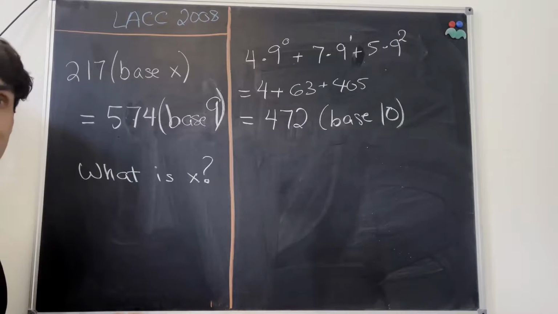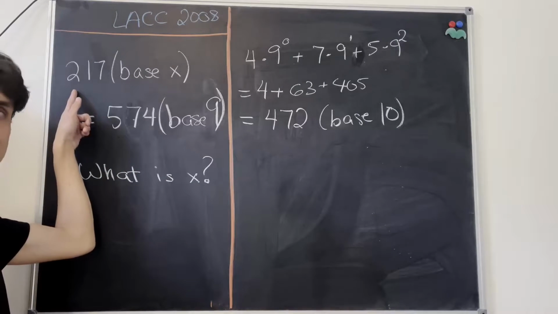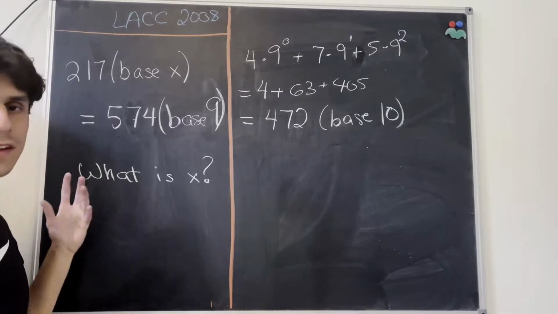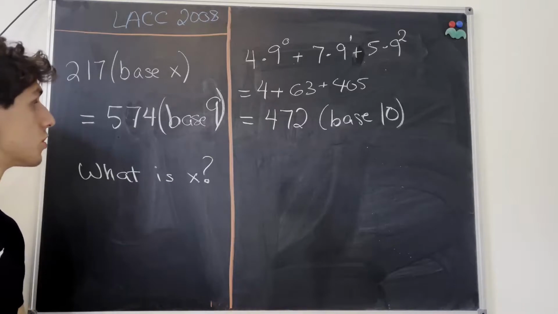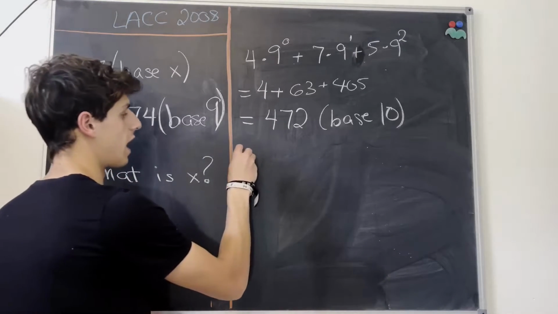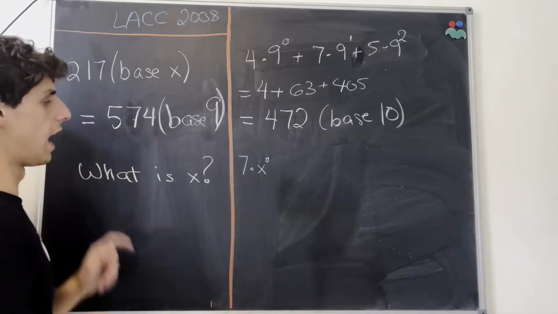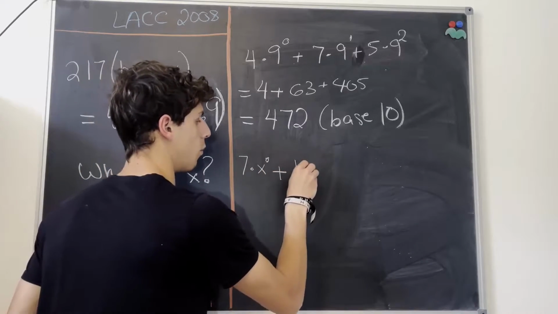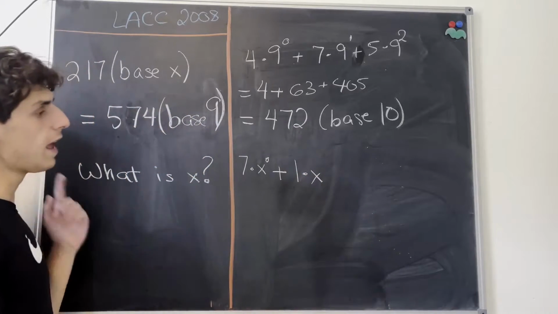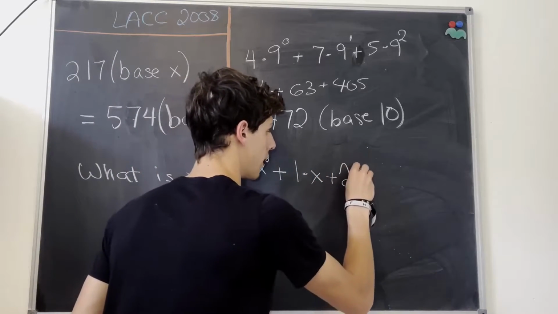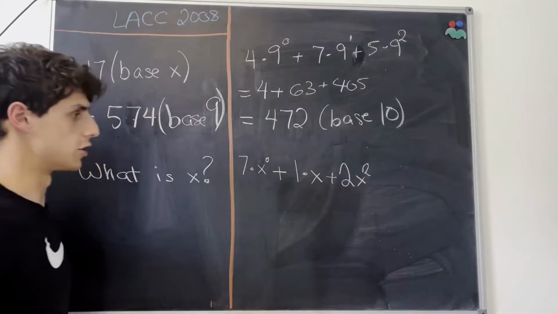So now what we want to do is expand this 217 base x out to base 10 and then compare the two numbers. So let's go ahead and do that. First we'll have 7 times x to the 0, that's the ones digit. And then 1 times x to the 1, that's the x digit. And then 2x squared, that's the x squared digit.